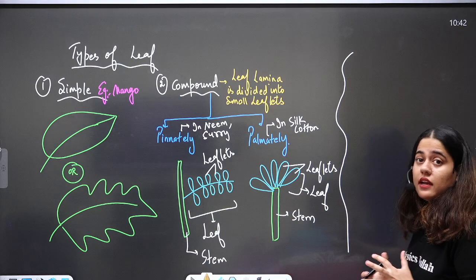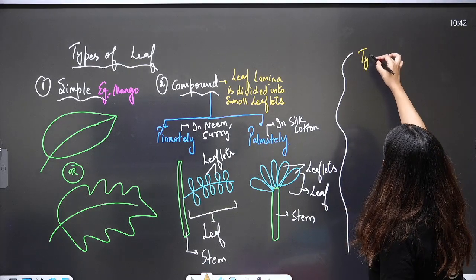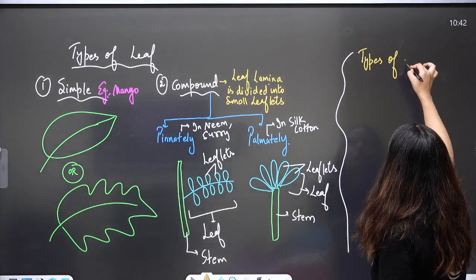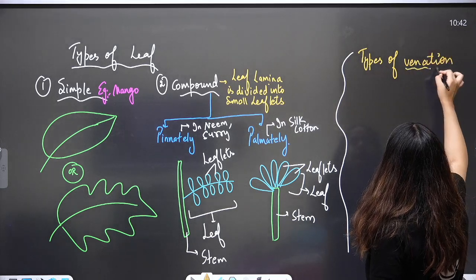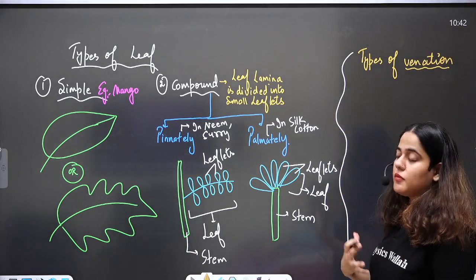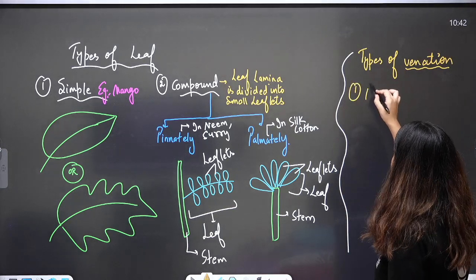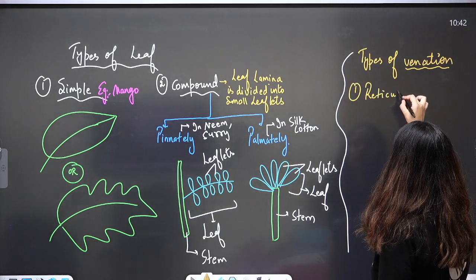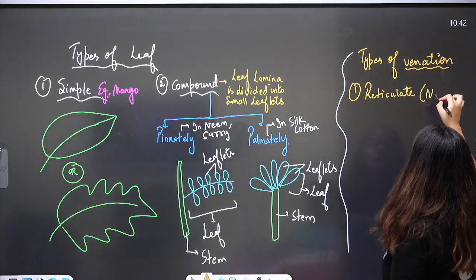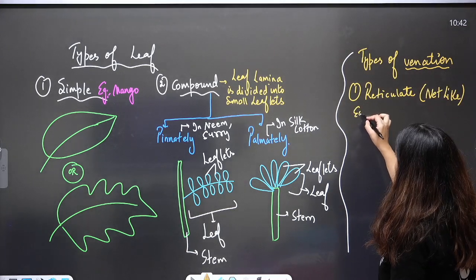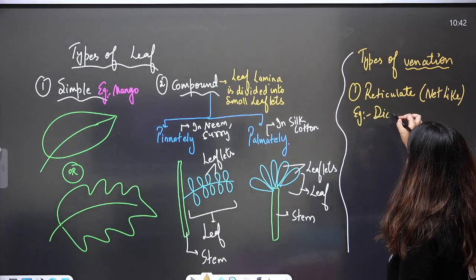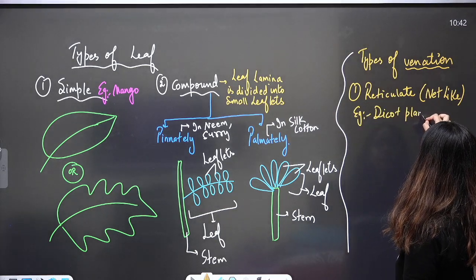Simple and compound. Now I'm going to tell you types of venation in leaf. Venation means how the veins or midrib are arranged. First is reticulate, in which the venation is net-like, right? Example, the dicot plant leaf.